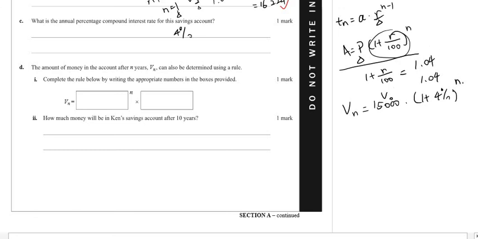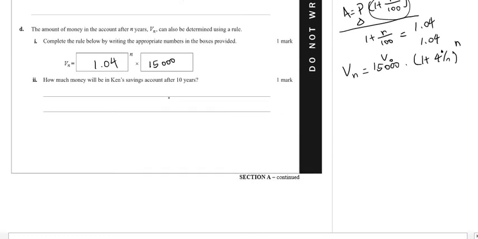It's the same as what's described in the equation in the question over here. So I know that the base of this term is going to be 1 plus 4%, which is 1.04, and then times the initial value, or the principal, so that's 15,000.